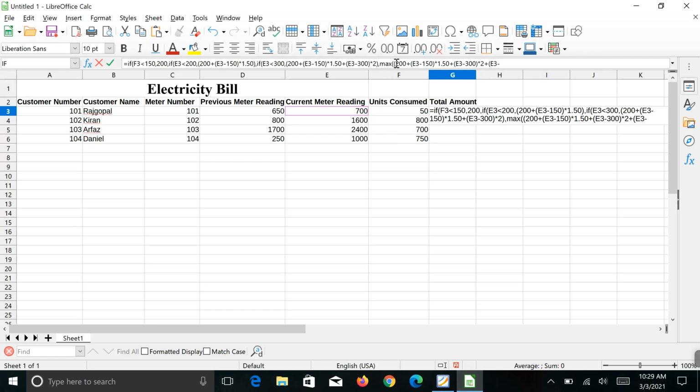So maximum of 200, first 150 units, next 50 units, next 100 units, then E3 minus 300 into 2.